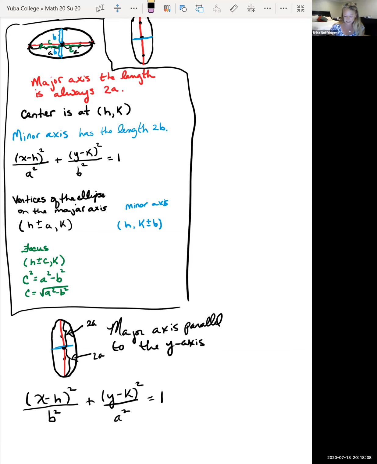The minor axis was smaller. This value of b is always going to be smaller than a. If it was equal, it would be a circle. And if this value was bigger, then it's now going to be elongated the other way. And so a is always bigger than b for an ellipse.